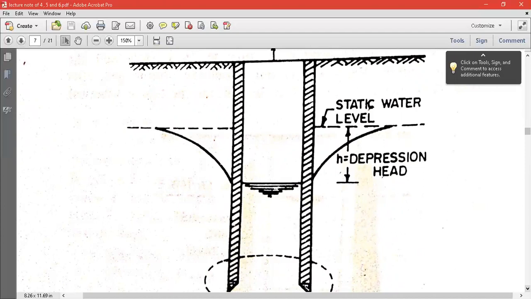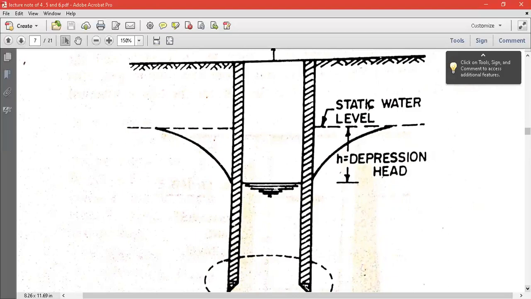So the water will be coming in, and again by discharge water will be going out. And if we adjust the pumping in such a manner that whatever water is coming in under the depression head is pumped out, by adjusting the pumping rate, then this depression head H will remain constant.